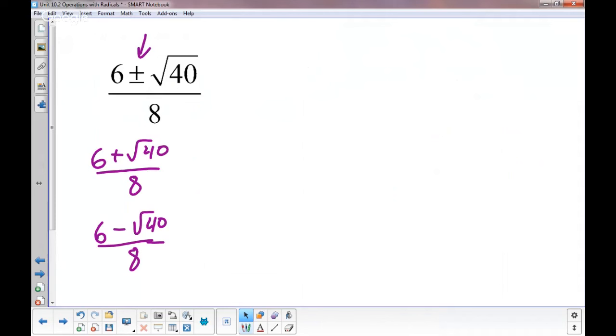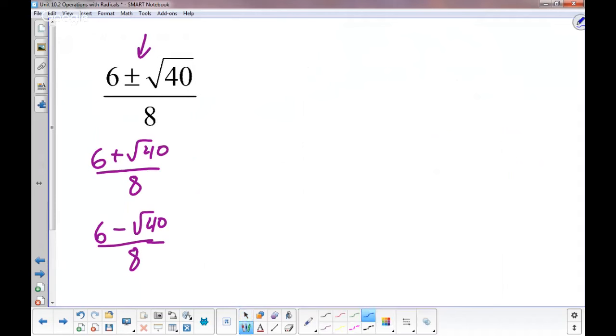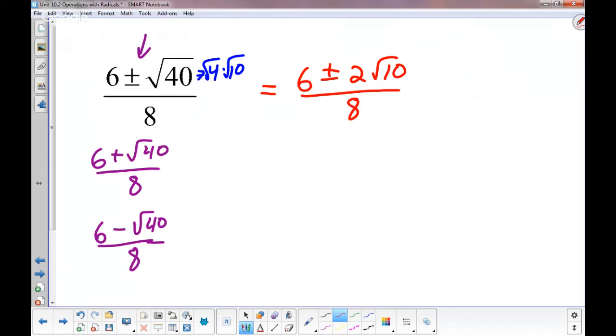So what we need to do here is simplify my 40. Now, numbers that go into 40, perfect squares. I like 4 and 10 because I know the square root of 4 is 2, and square root of 10 doesn't have anything. So what I can do is rewrite this as 6 plus or minus 2 root 10 over 8.